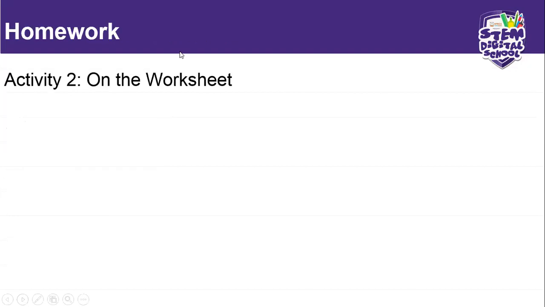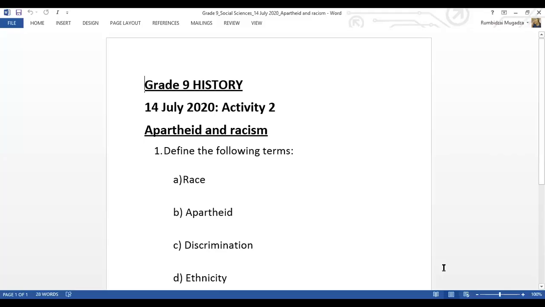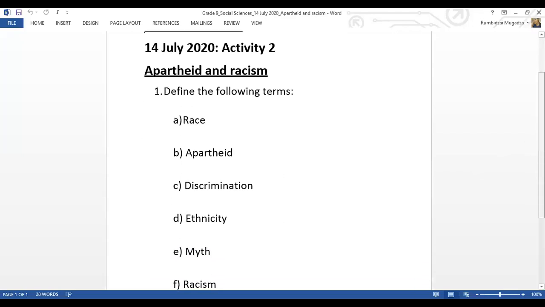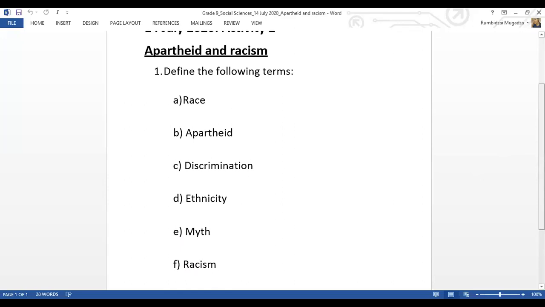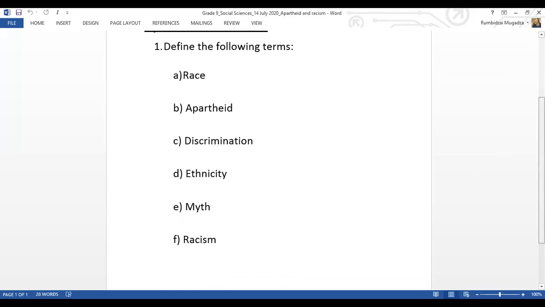Now, time for your homework. Let me just share your homework. Here is your homework. You are going to define the following terms. There are six of them. A, race. B, apartheid.